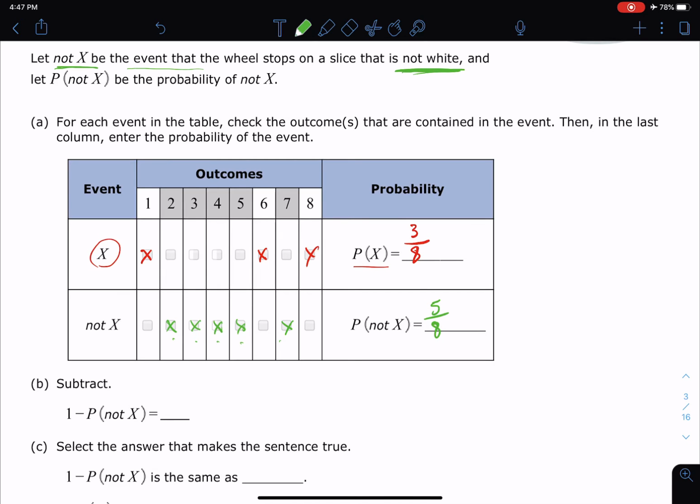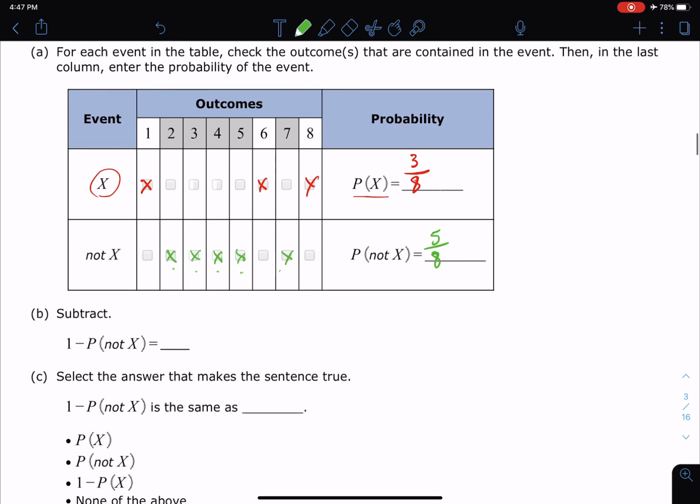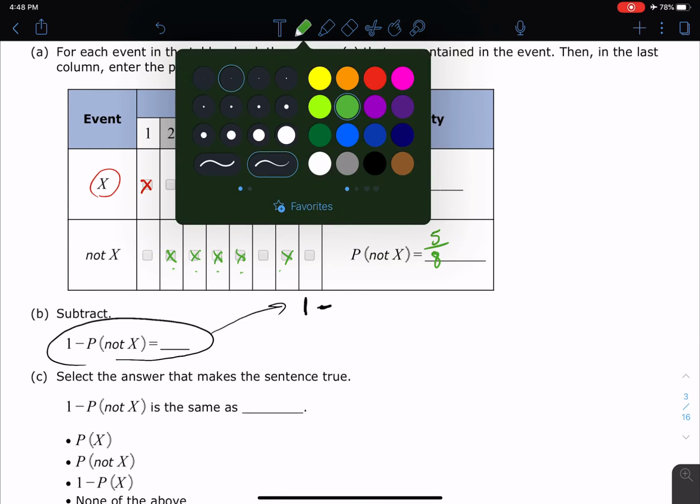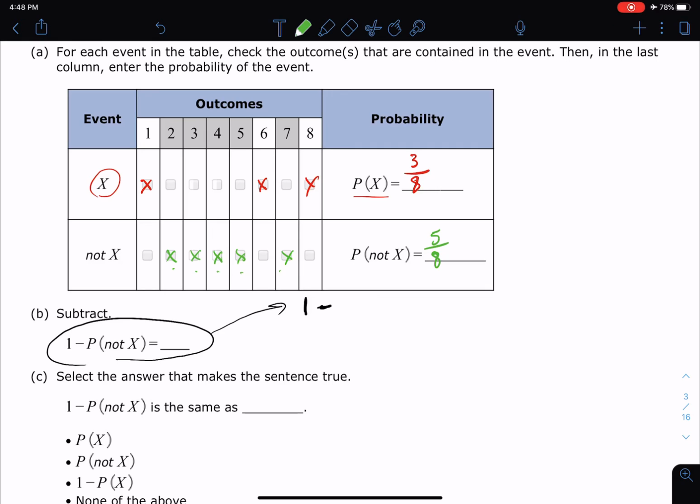Now down here, this is where they made their typo. Now down here, let me expand this out a little bit so I have a little space to operate. They want us to figure out what's 1 minus this green p of not x. Well, we know that p of not x, we just figured that out.